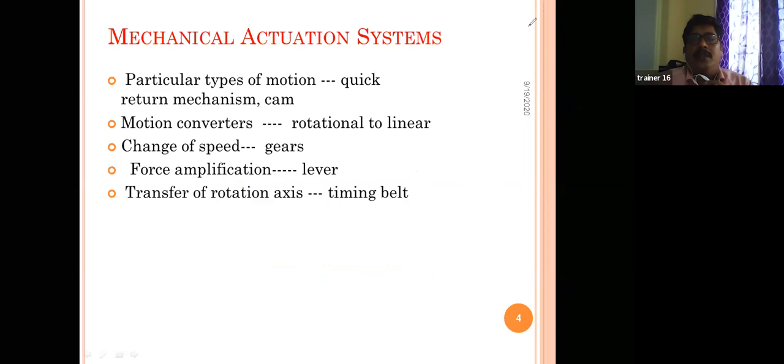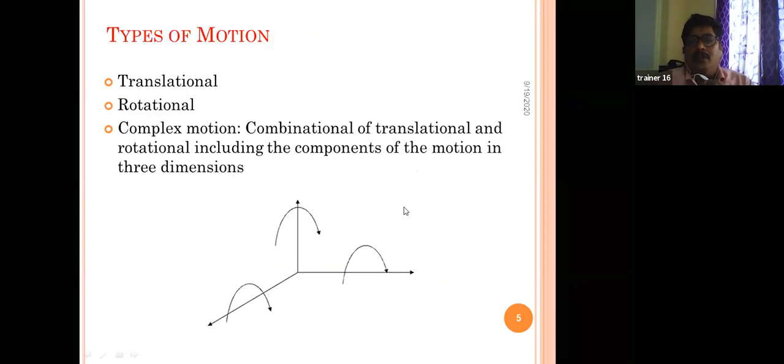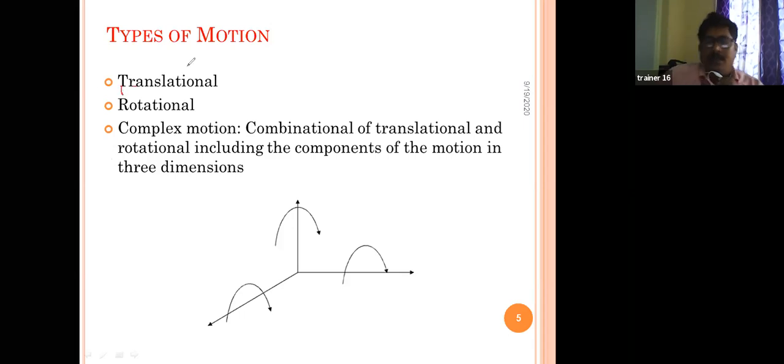Next we go to the next slide. Today's topic, all these mechanical actuation systems, we have to know very well. The types of motion are translational, rotational, and complex.